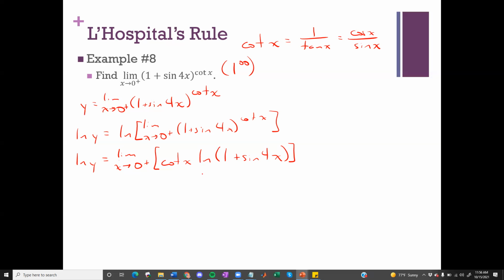Yeah, that's where it came from. The indeterminate form we're trying to get to, though, is the one that helps us do L'Hopital's rule. So is there a way we can get there?